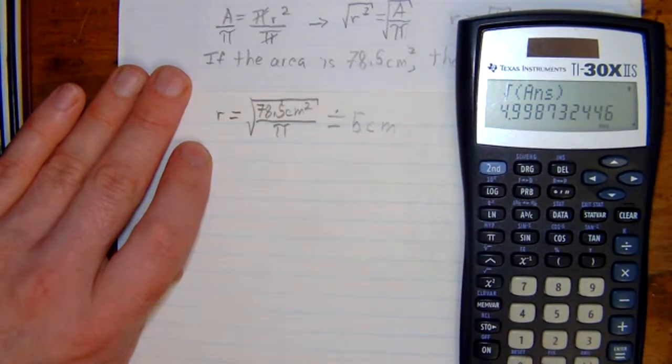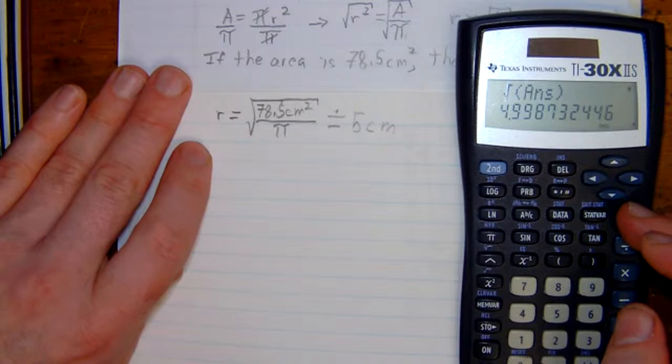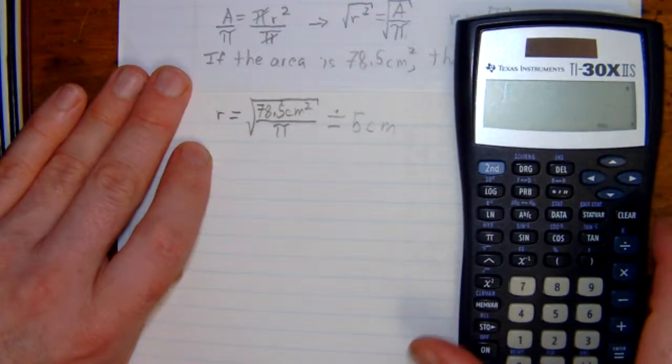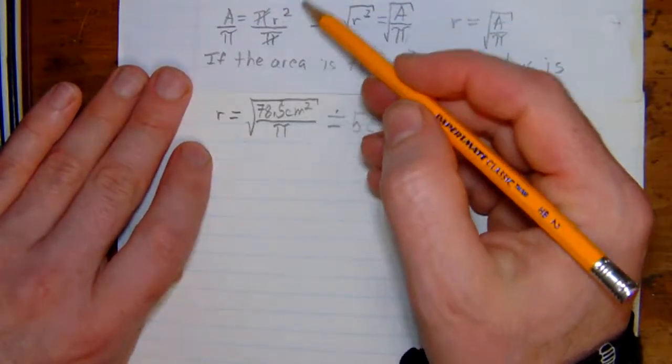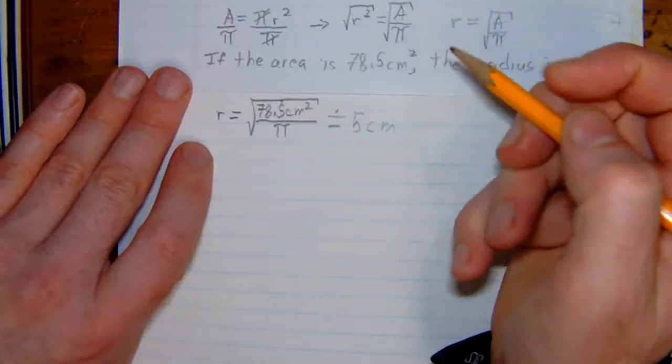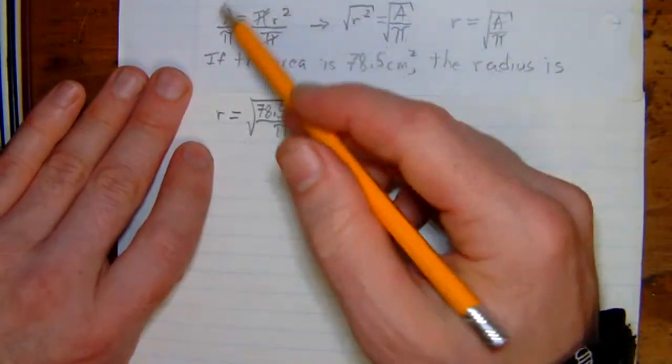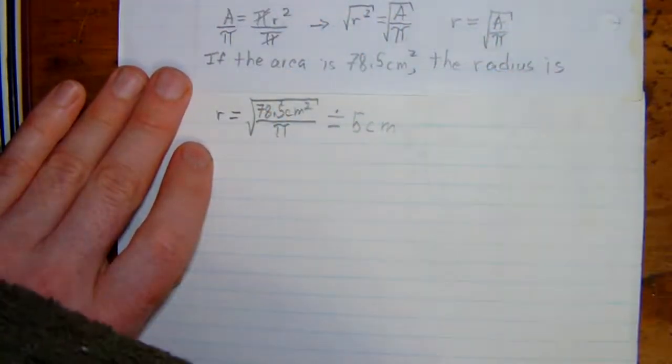So now we know if our circle has an area of 78.5 centimeters squared, that means its radius is 5 centimeters. So you can see that this technique of doing solving steps on both sides is really allowing us a lot of different things, including this nice rearrangement of the formulas.